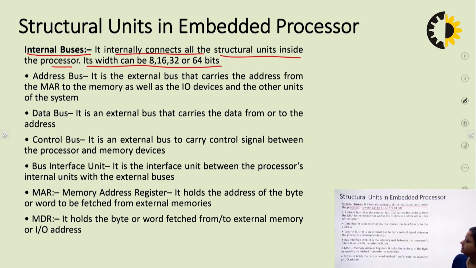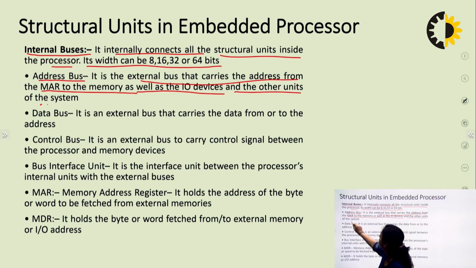The types can be address bus. First of all, address bus is the external bus that carries the address from the memory to the memory as well as the input output devices and other units of the system. Okay, so address bus is the bus which is carrying the address to and from memory or input output devices to the memory address register.